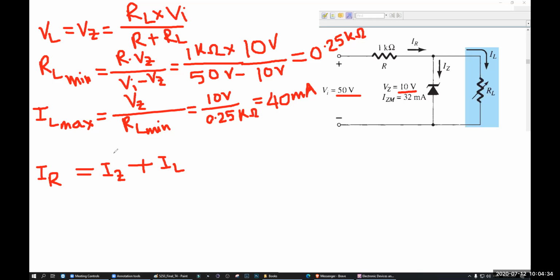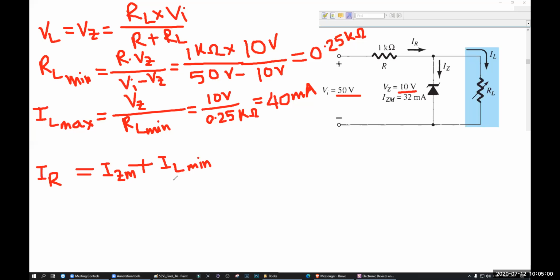Your IZ is not fixed, your IL is not fixed. Now, if you say this is maximum, that means this is minimum. Or in other way, if this is minimum, this is maximum.